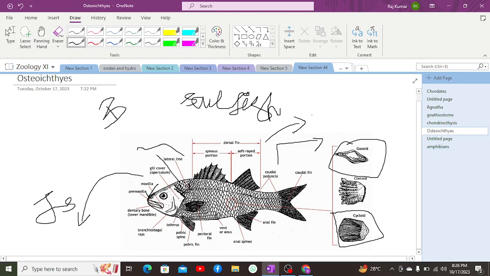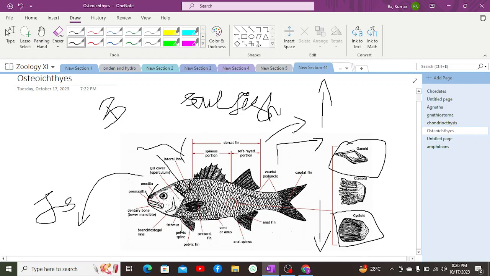So external oxygen or any gas present inside the water is taken in through the gill slits, and through the pharynx it is then taken inside the air bladder, causing it to fill up. As the air bladder is filled up, that increases the buoyancy of the fish, due to which it is able to either rise upwards in the sea, or descend downwards in the sea, which is a characteristic feature of them.